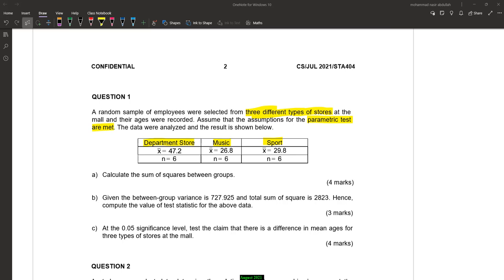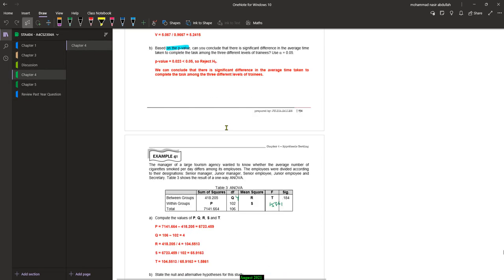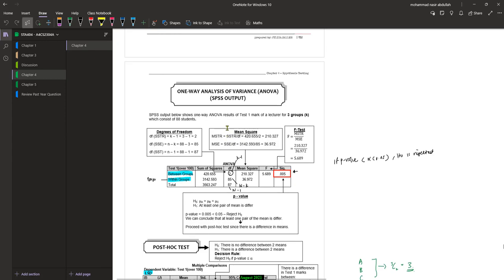Macam mana calculate sum of square between group? Remember chapter one-way ANOVA, right? Dalam hypothesis testing, kan? So to calculate sum of square between group, kita tengok balik formula, right? Kat sini, yeah.